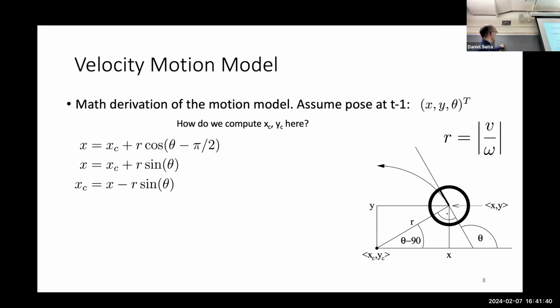So if we have this, then the xc here, this is the distance x, so that's what this is. If you do the math here, cosine of theta minus pi over 2, what is this? This is this thing divided by that.